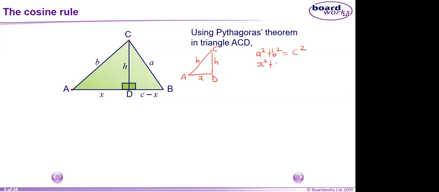Plus what is B? Our B is going to be H. We shall have H squared is equal to what is our C? Our C is going to be B squared. Very good. Now, that is going to be our first.